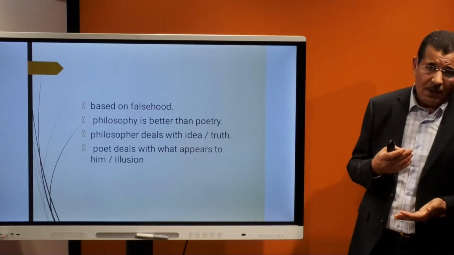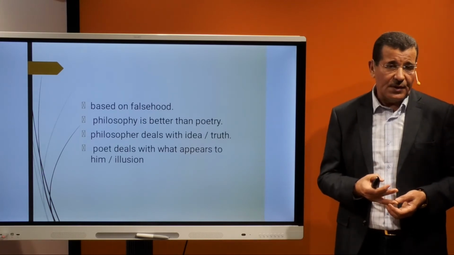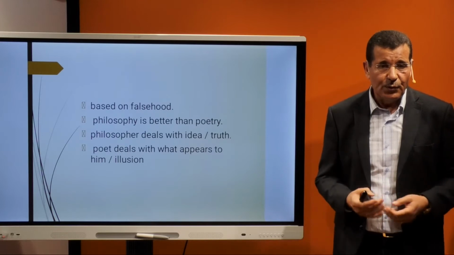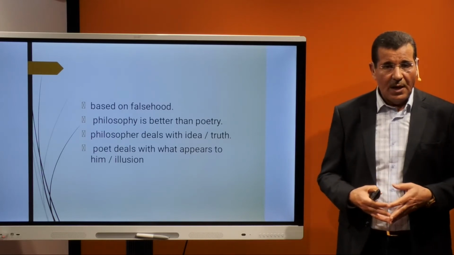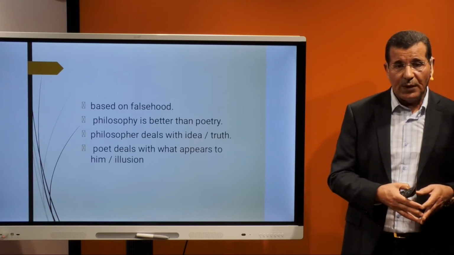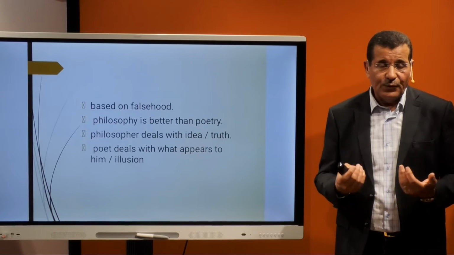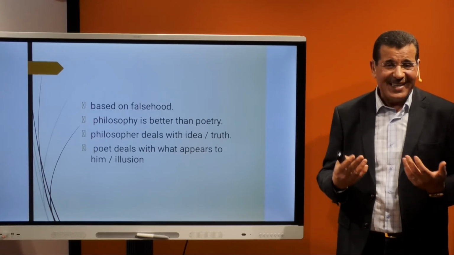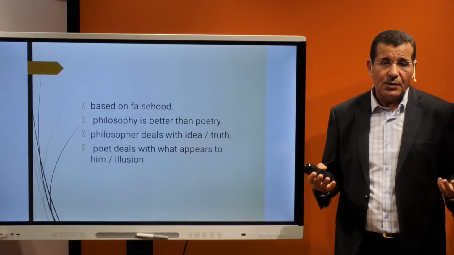So Plato's objection to art is, first of all, based on falsehood. For him, philosophy is better than poetry. Because the philosopher deals with ideas and truth, he is welcome. And for him, the poet cannot reach the truth, and he deals only with what appears to him.